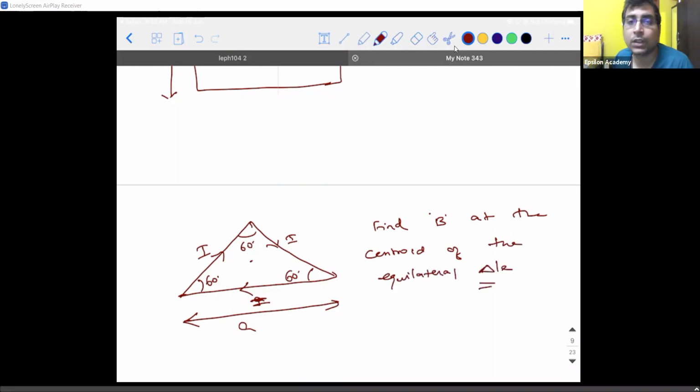Clear, guys? So take these two problems, solve them, and let me know in the next class.